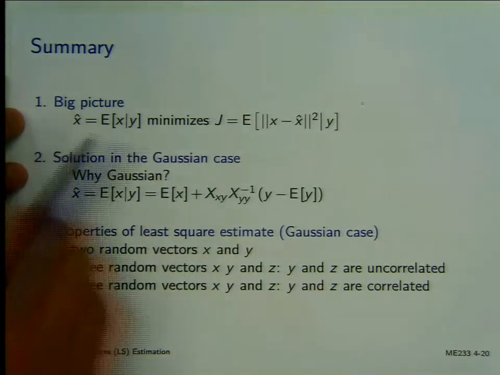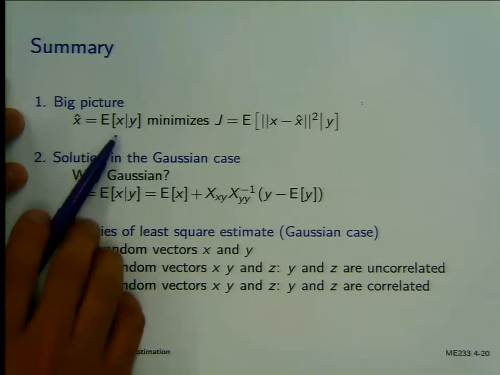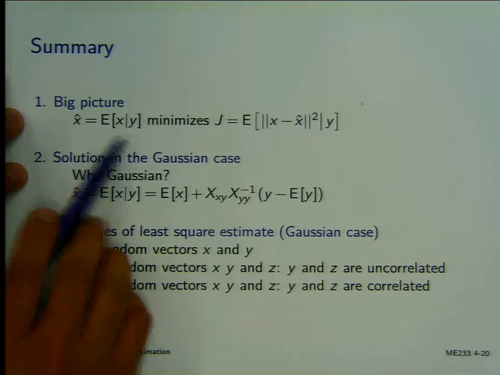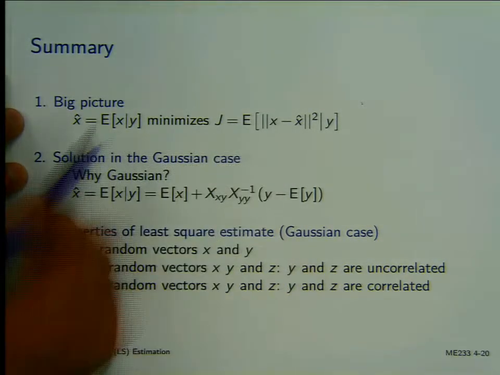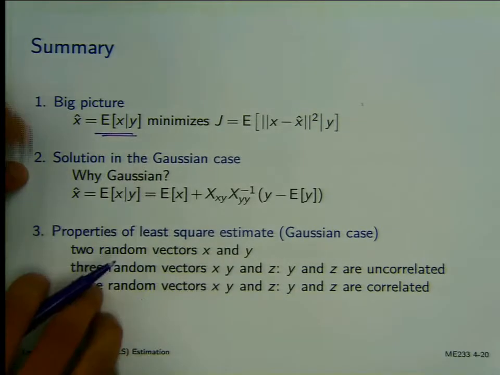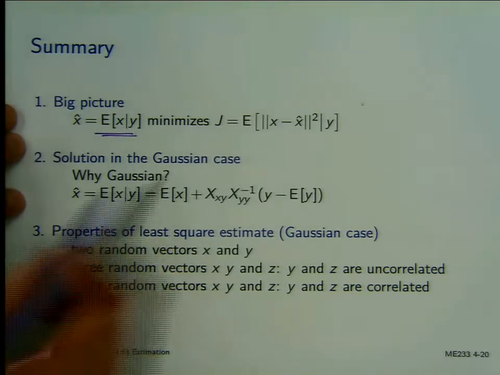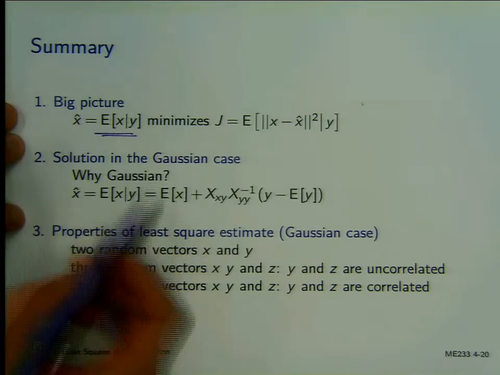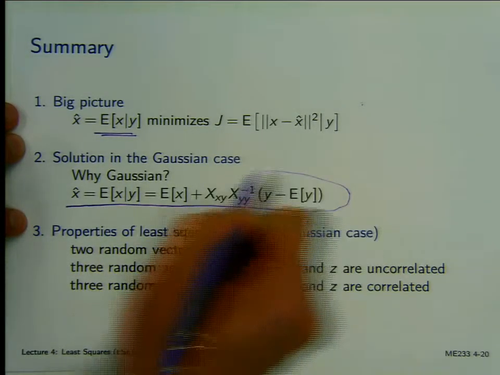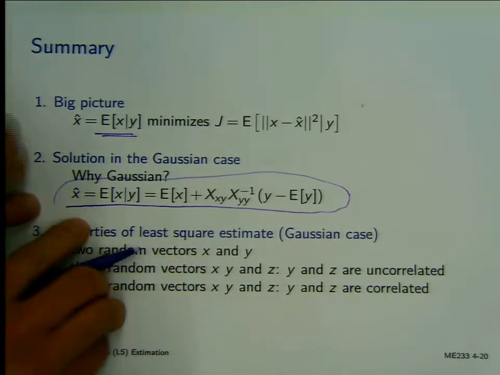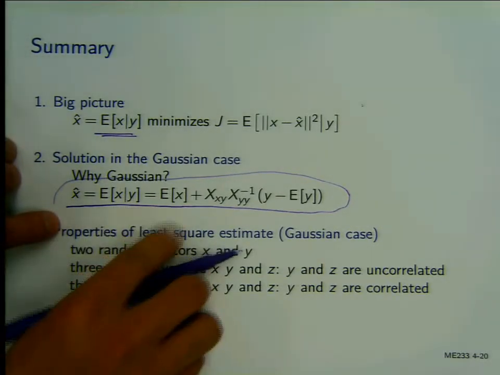This works for any random distribution of x and y. The minimizer for this least square problem is going to be the conditional expectation. And then we moved from there to the Gaussian case, and we explained why Gaussians are important. And we arrived at this central equation, the conditional mean equation.